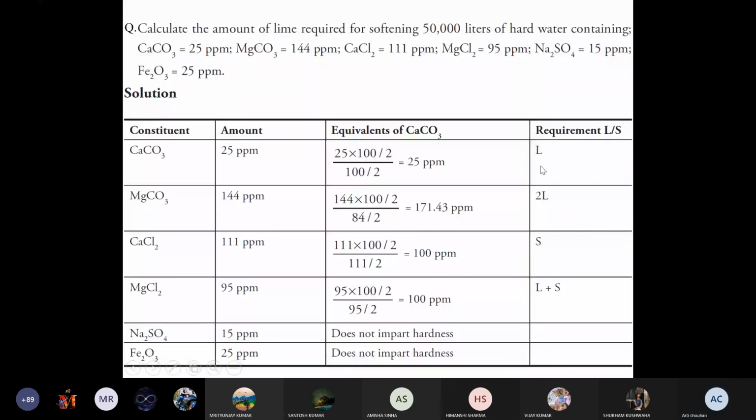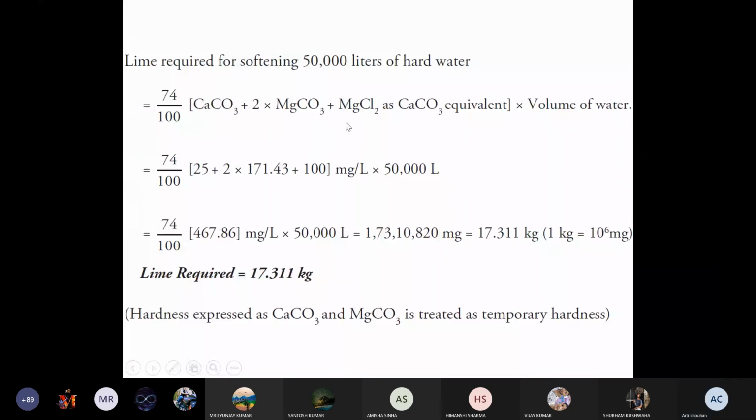Majority of the time, they are simply adding or putting the values in the derivation. So this is actually an important part. First, you have to convert all the values in terms of their calcium carbonate equivalent. Then just write that derivation, incorporate all the values, and do the mathematics correctly.